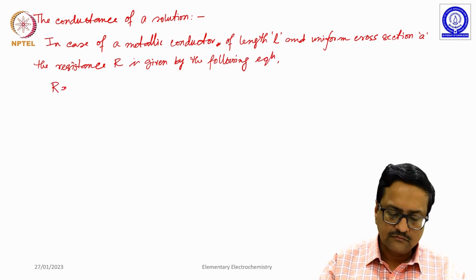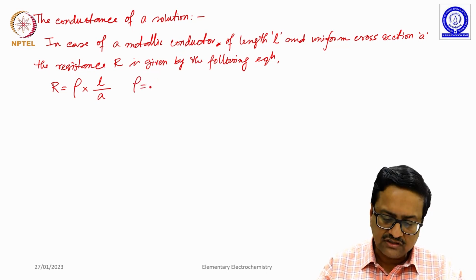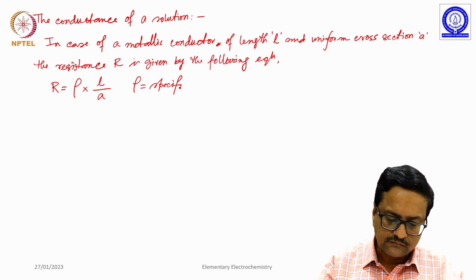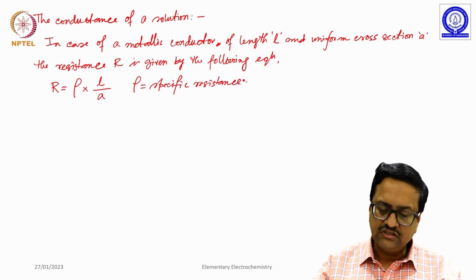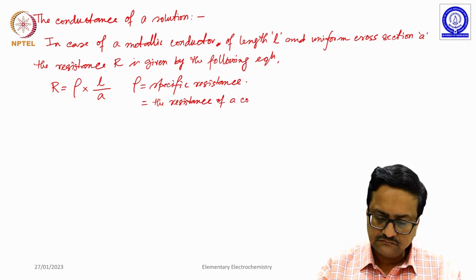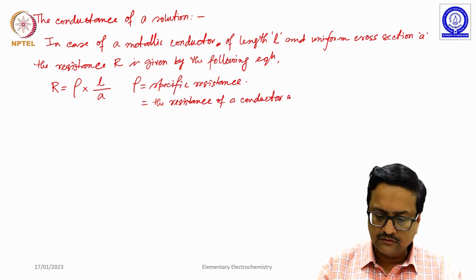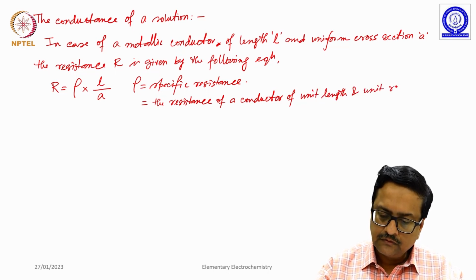R equal to rho into L by A, where rho is called the specific resistance, which is equal to the resistance of a conductor of unit length and unit cross section.